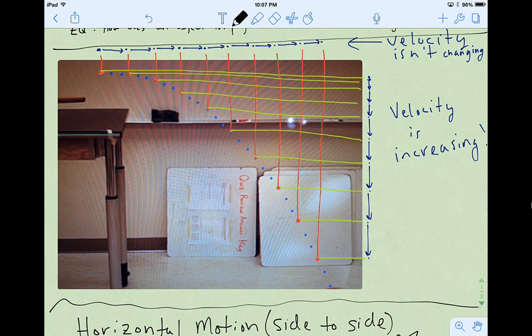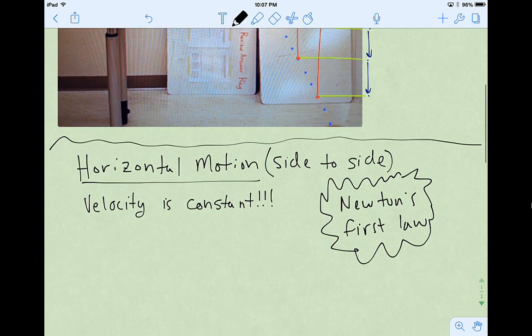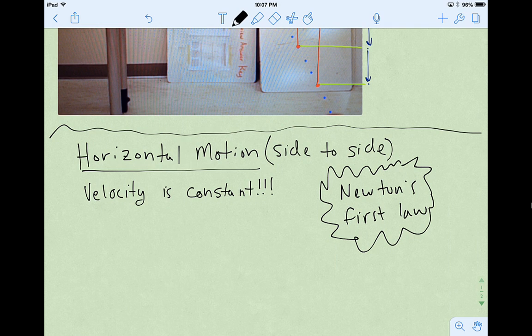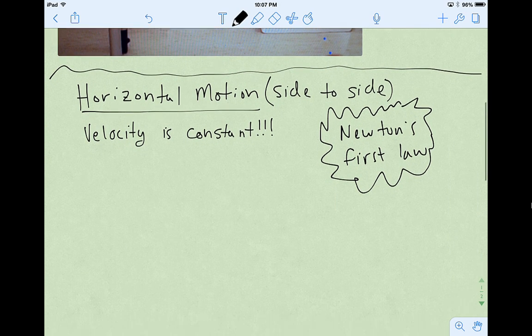Well, we know that when the ball is in the air, there's only one force acting on it, and that force is gravity. And gravity points down. It doesn't point side to side. So it doesn't affect the speed of the ball. That ball will just keep moving at the same speed until something stops it. And there's nothing to stop it here. So the velocity is constant.